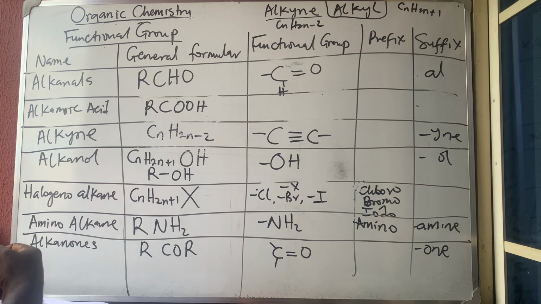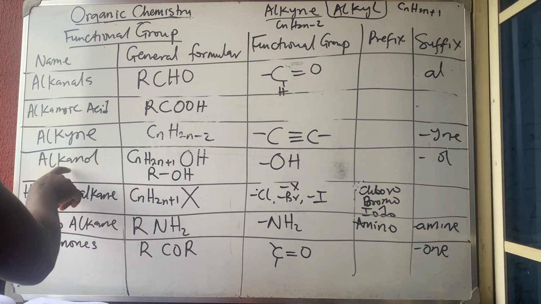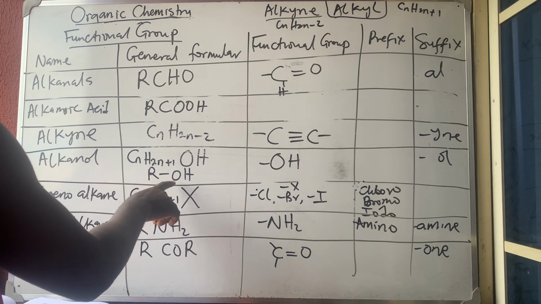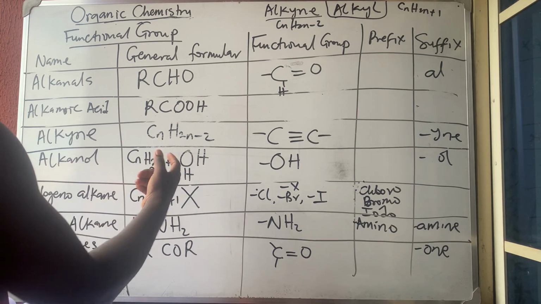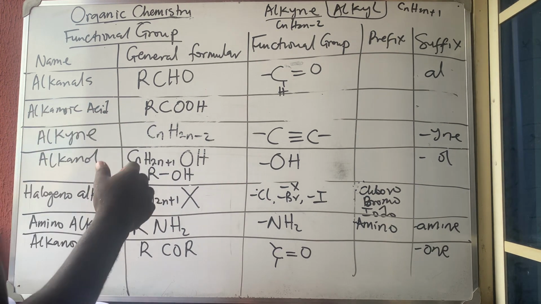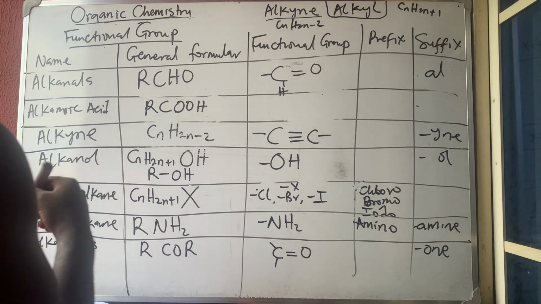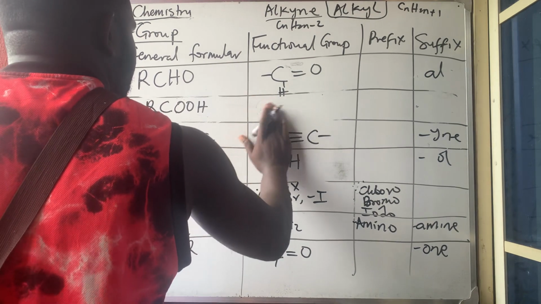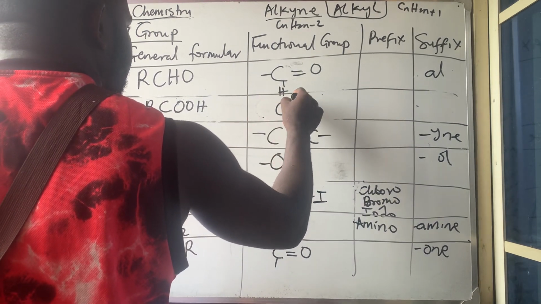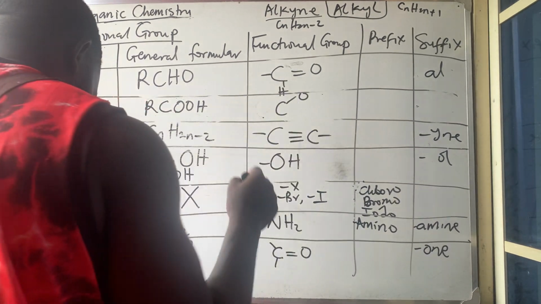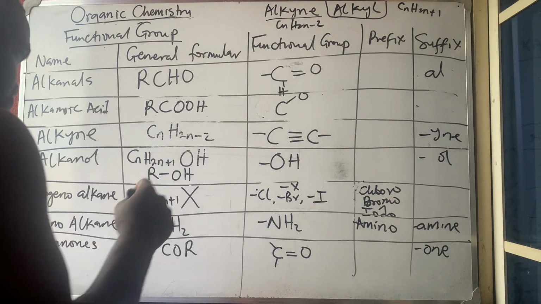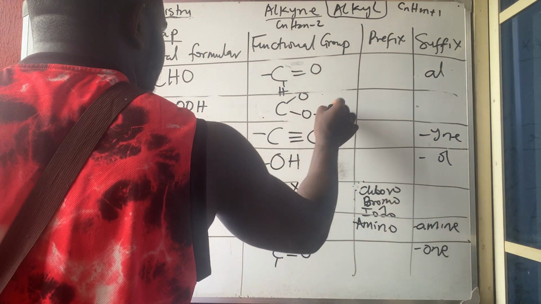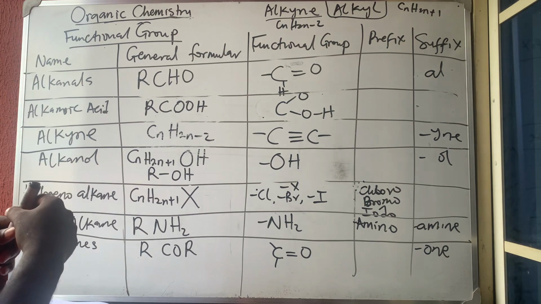We can even get it from the alkanol. From the alkanol it is ROH, but there is no C here, while the alkanoic acid is RCOOH. So how do we represent them? Their functional group is CO and OH, that is O and another H, or you write it together as COOH.